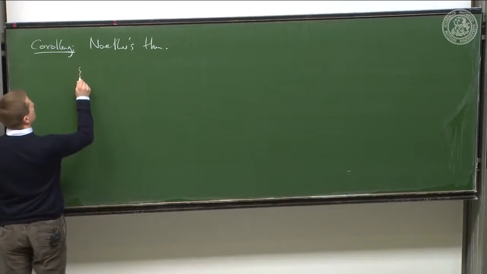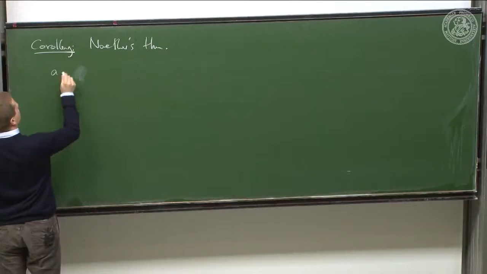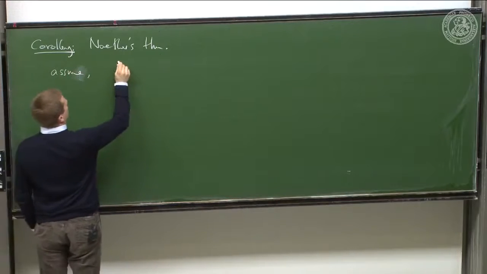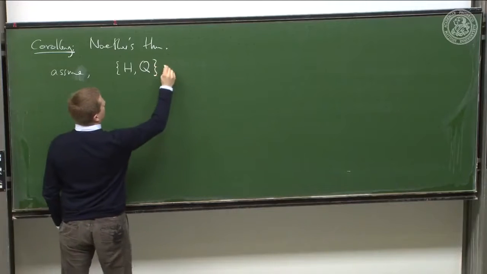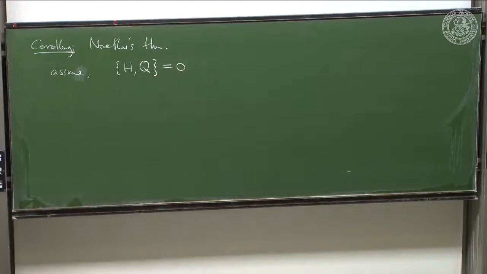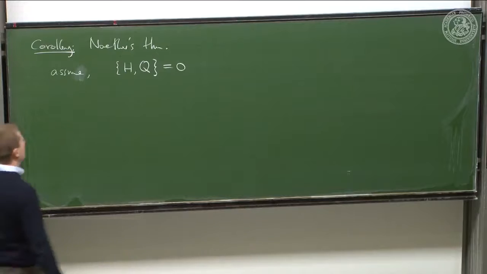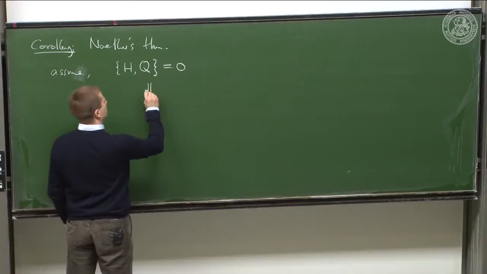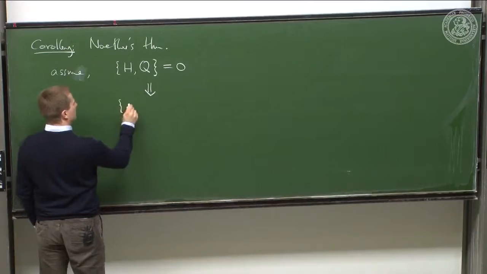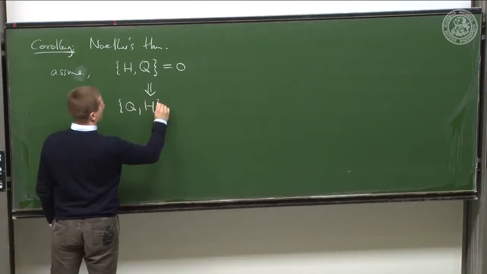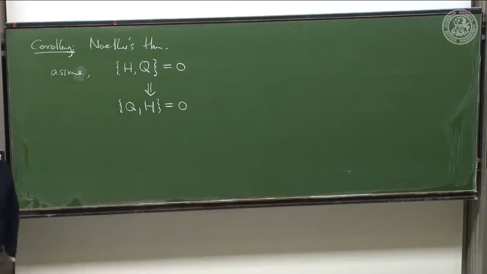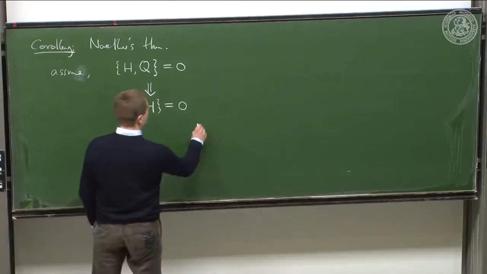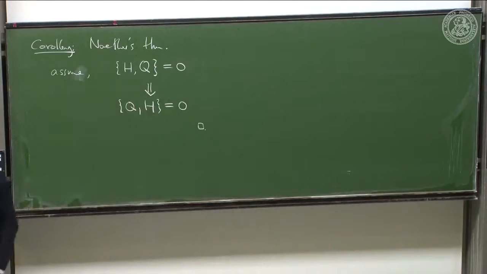But let's assume that there is a conserved quantity Q. Now, the proof of the Noether theorem is to make the incredibly complicated step that you switch the entries, pick up a minus sign, but because it's 0, it stays like this. End of proof. This is the Noether theorem.